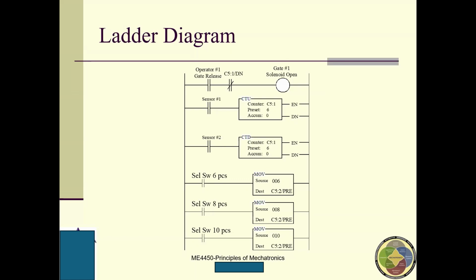So at the very beginning, the done bit is reset. You guys agree? That means at the very beginning the counter does not work, which means the done bit is reset, so it is false. Then you can see C5:1/DN bit with an oblique line.